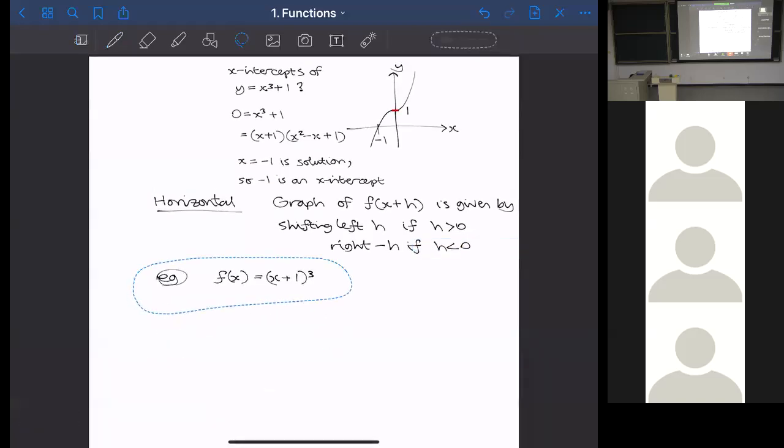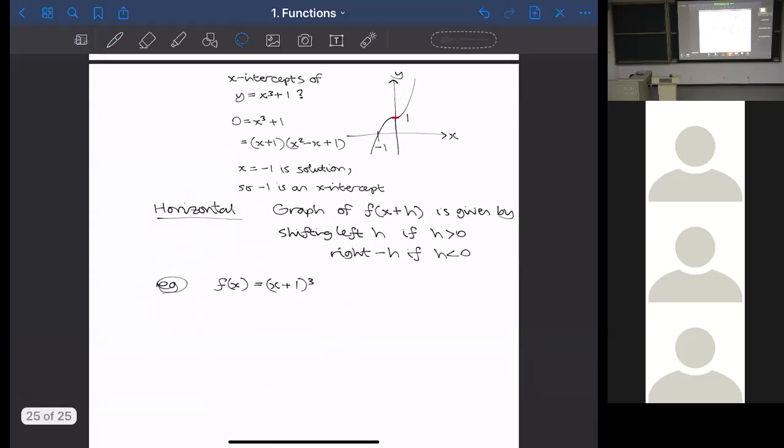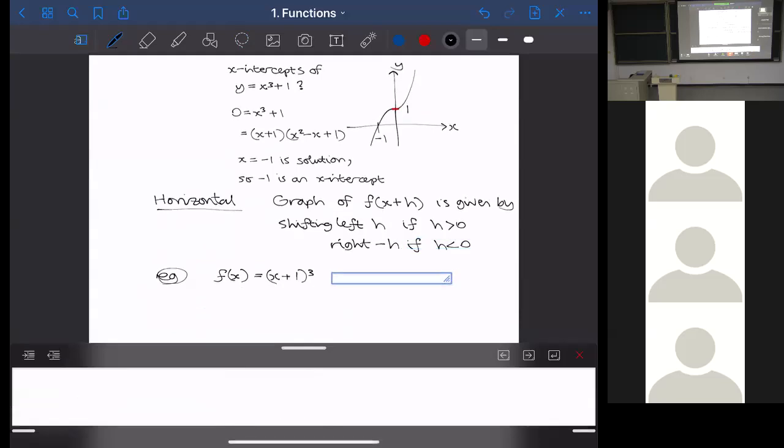Okay, back to this example. So in this case, h equals 1. So we shift left by 1.